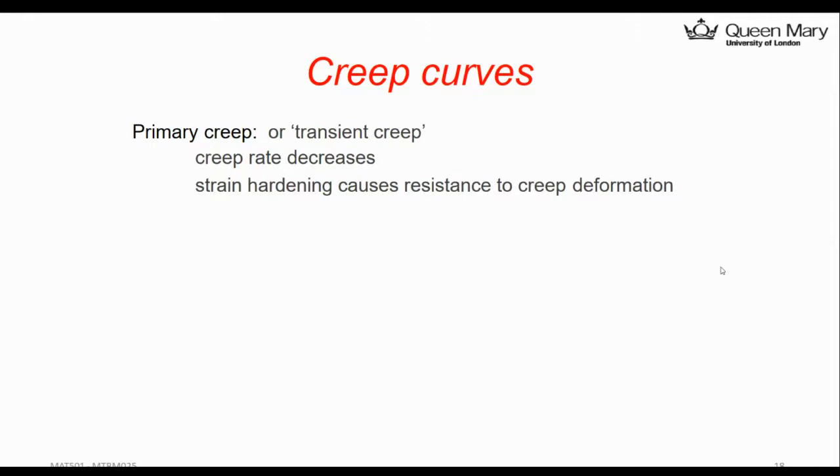So this is basically a summary of the creep curves from the beginning, primary creep, and this is basically the strain hardening. Eventually, the strain hardening will give you this kind of tail off part because the material becomes stronger as the strain goes.